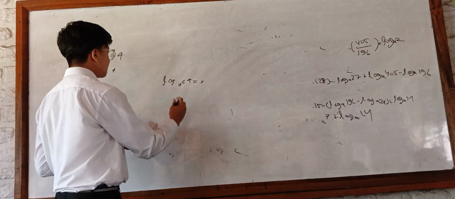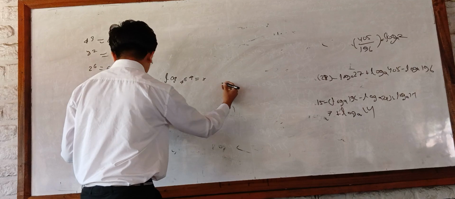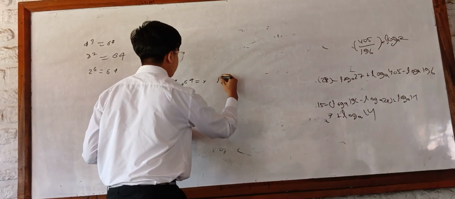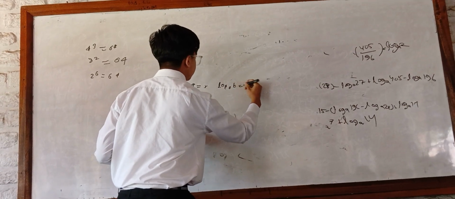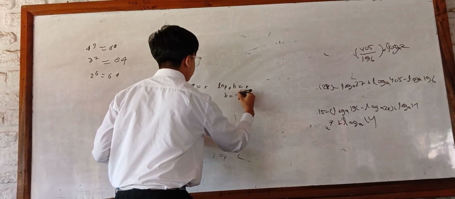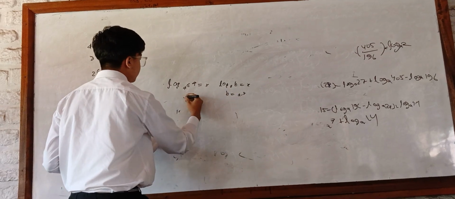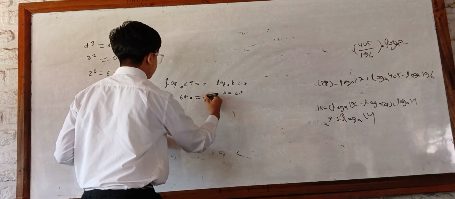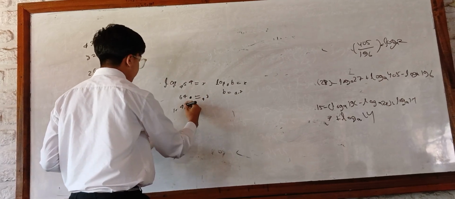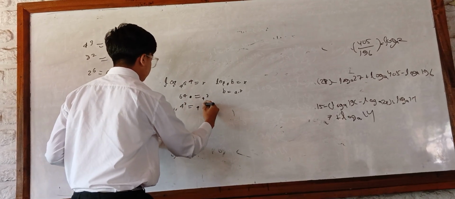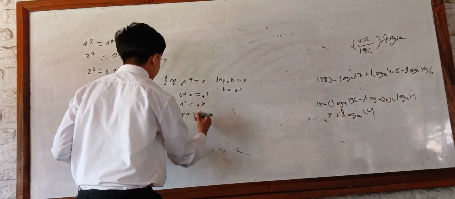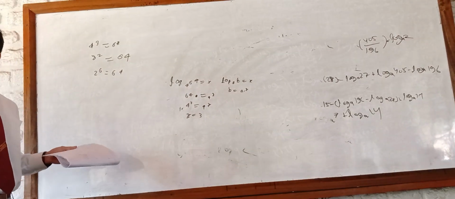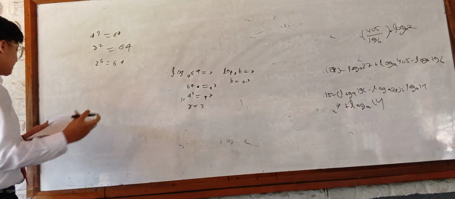So what I recommend is to convert this into exponential form by using one of the properties of logarithm, which is log a x, which can be applied here to make it 64 equals 4 to the power x, and then convert 64 into 4's power, 4 to the power x, so x is equal to 3. This makes the problem very easy. Now I'll provide you some shortcuts that can make your solutions much easier.